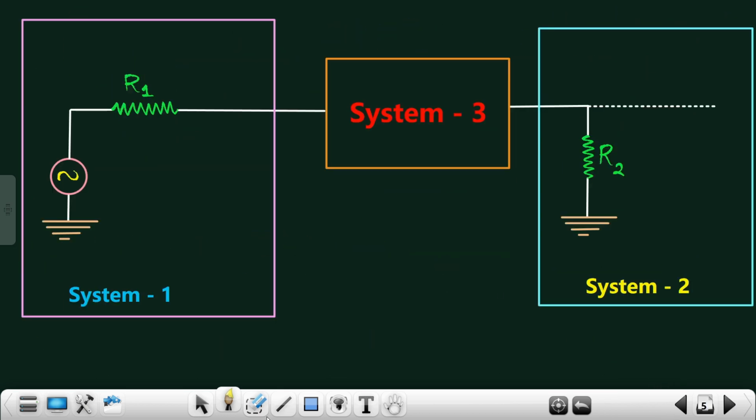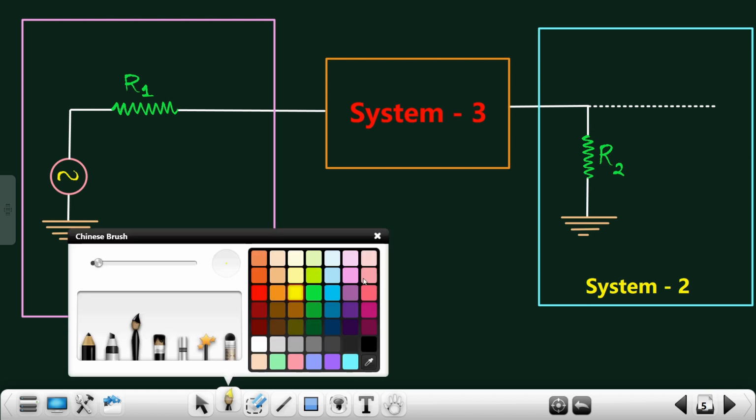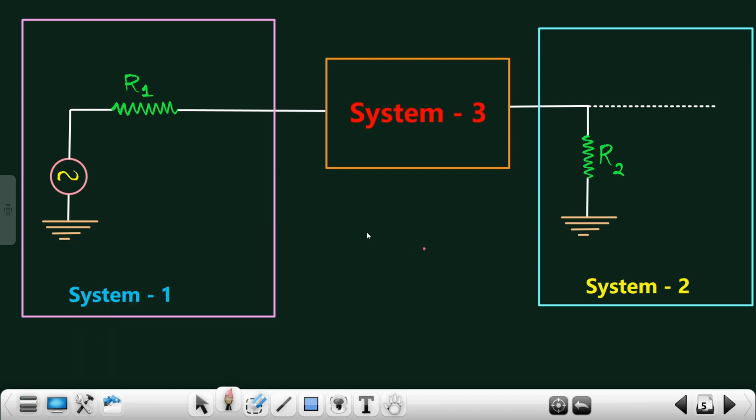No matter what the signal would be, whatever signal is being generated by this source, the system which we will be designing should take this signal and reflect it as it is to the input of this amplifier.